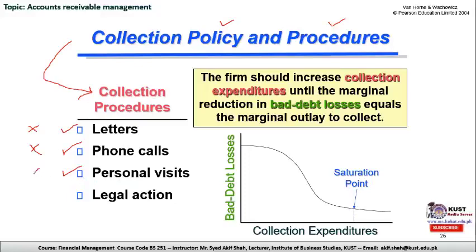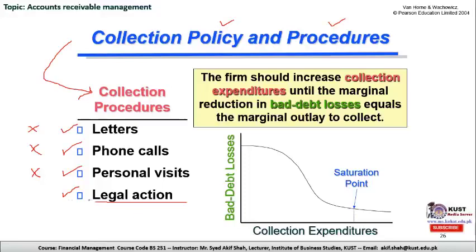And if they are still not responding and refusing to pay their obligation to the company, then the final procedure left with the company is to take legal action. That is to sue the credit customer, not the applicant in fact, because they have already purchased our product.